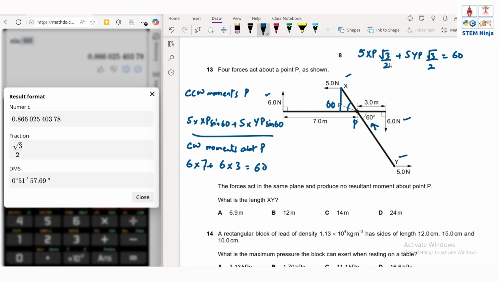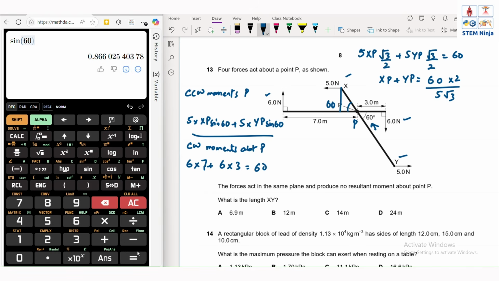So we take away the 2 and put that on the other side, because this is going to be what's left out. So 60 times 2 divided by 5 root 3. So 60 times 2 divided by 5 divided by root 3.